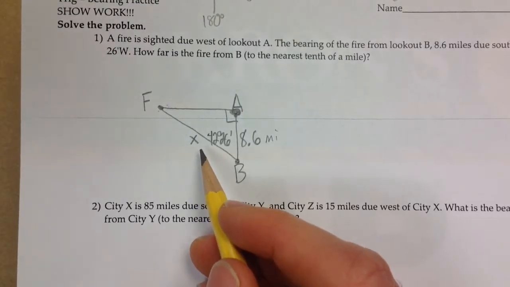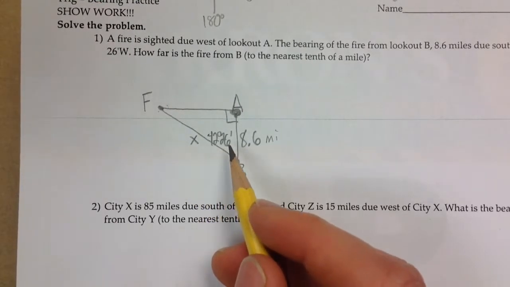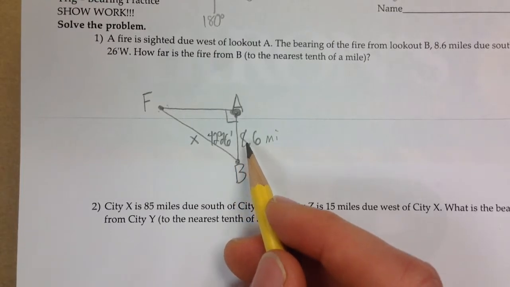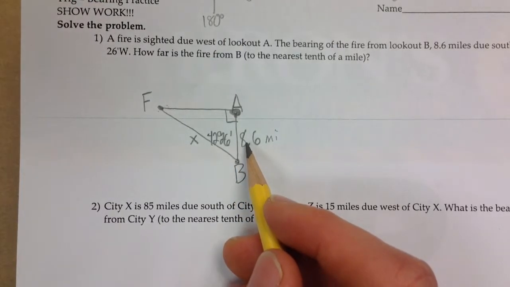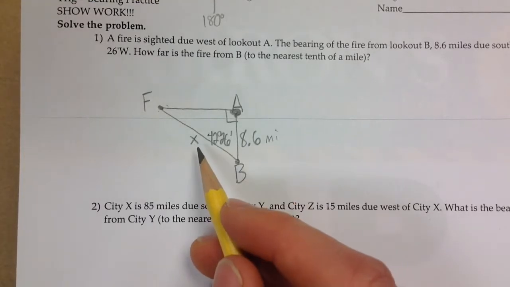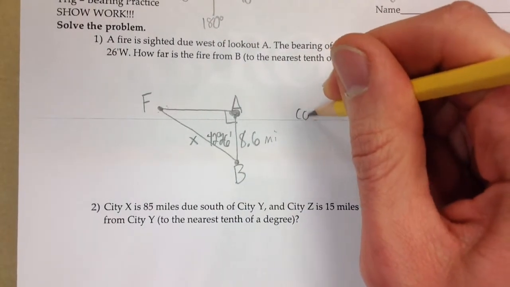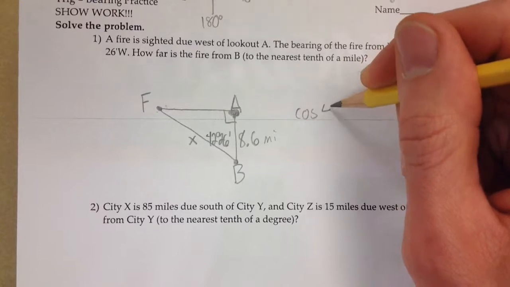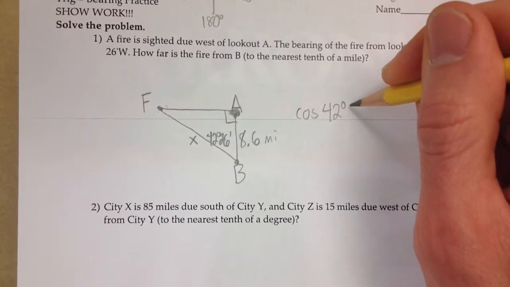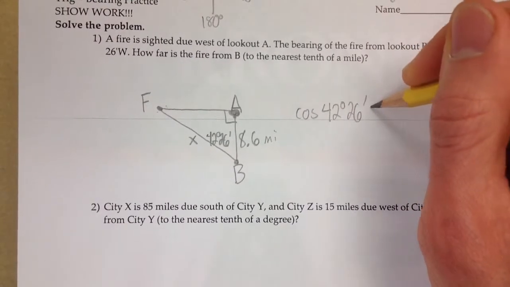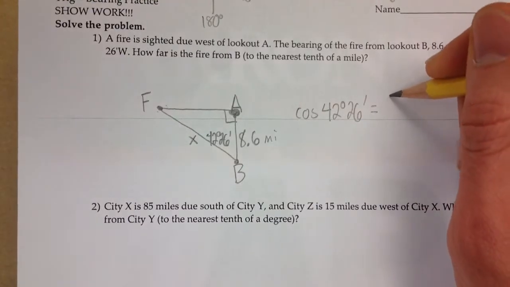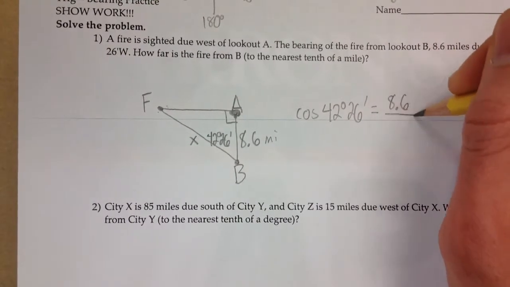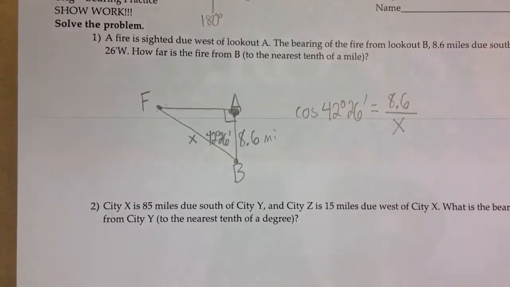Think about which trig function would be appropriate here. Cosine, excellent, because you have adjacent to the angle, and that's not the hypotenuse, and the hypotenuse. So a function that relates those two is cosine. Cosine 42 degrees, 26 minutes is equal to adjacent side, 8.6, over hypotenuse side, unknown.